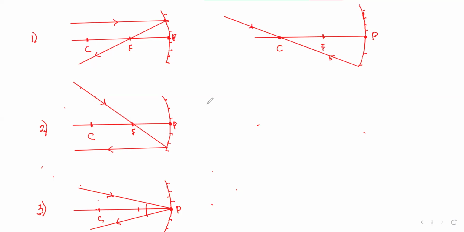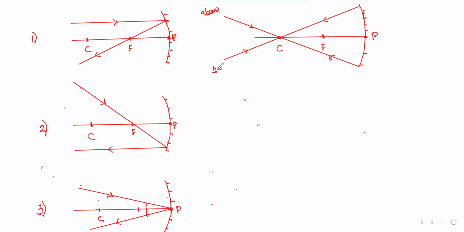So it means that the ray can come from above. Here it is coming from above. The ray can also come from below, but the moment it hits the mirror at an angle of 90, it must reflect back along the same path and pass through the center of curvature. This ray is coming from below.